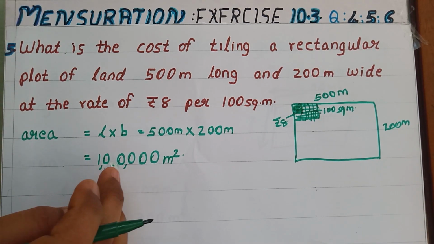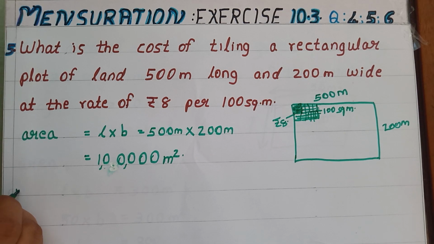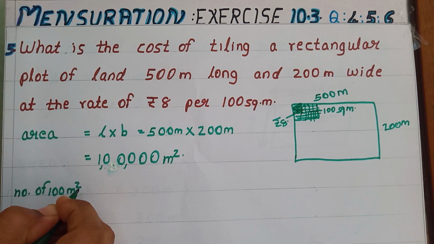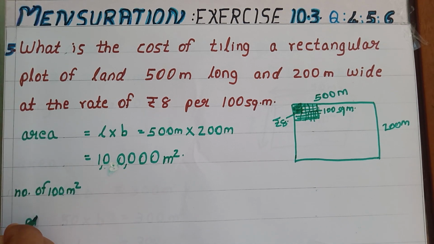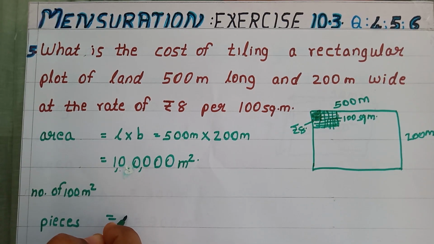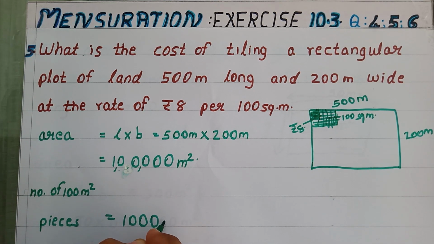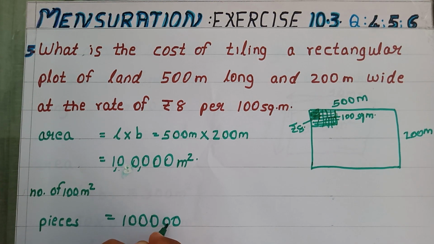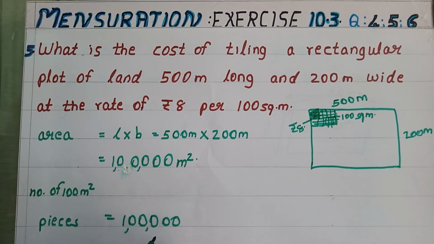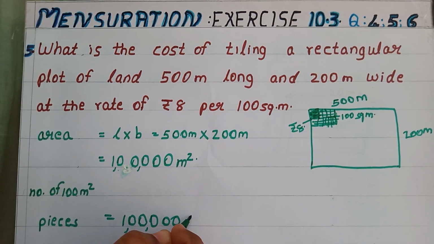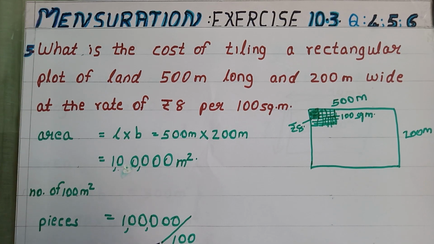Next step is number of 100 meter square pieces equal to whole area, that is this whole area divided by 100.